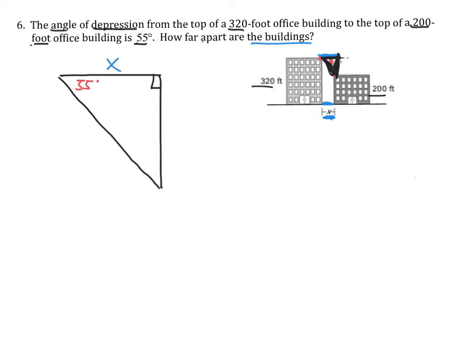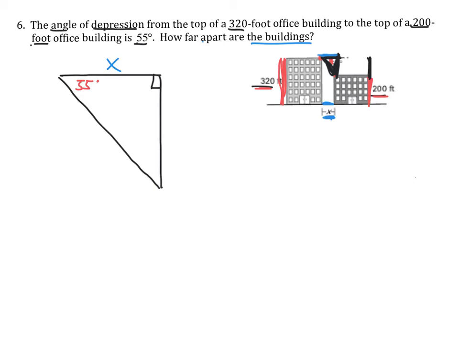Now, the problem is if I'm going to solve for x, I need another piece of my triangle. So I have my one angle, I know what side I'm going after. The two pieces I haven't used yet are the heights of the building. So the taller building is 320 total. The shorter building is 200 total. Well, the one piece of the triangle that I could use would be that height on the right-hand side.